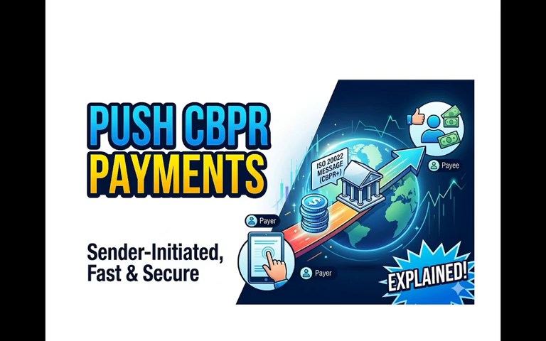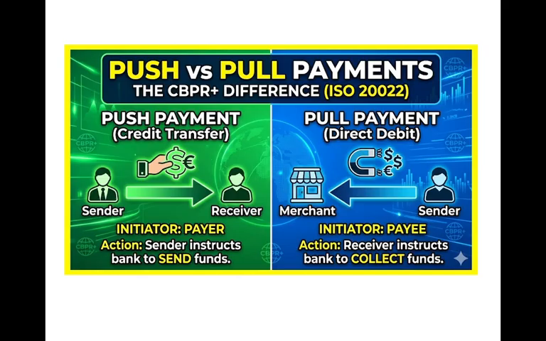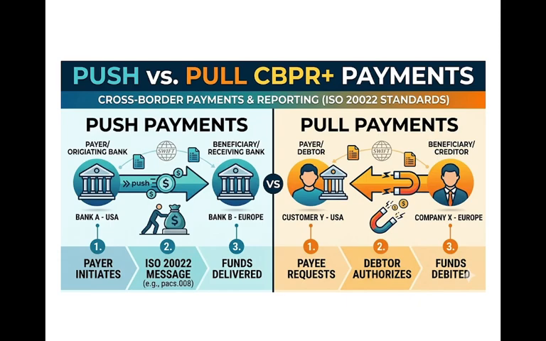Part 2. Push payments in CBPR Plus occur when the payer, the debtor, initiates the transaction, actively sending funds to the payee, the creditor. In the CBPR Plus ecosystem, these are highly favored for their low error rates and lack of disputes.